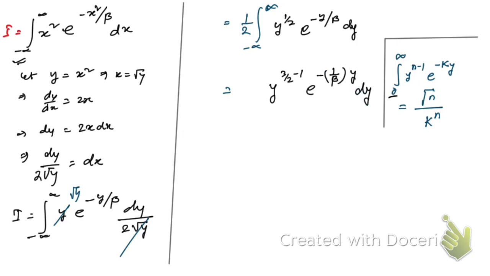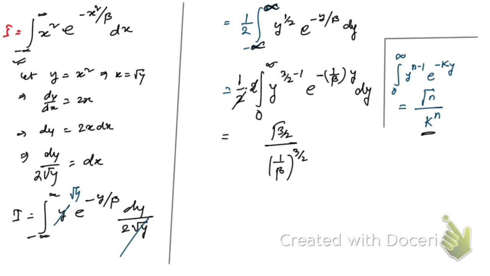And since the limits are 0 to infinity, we make minus infinity to plus infinity into 0 to infinity; we put a 2 and there is a half, so the 2 cancels. Hope you have understood this. So this result is equal to gamma of 3 by 2 divided by k, that is 1 by beta, whole to the power 3 by 2.